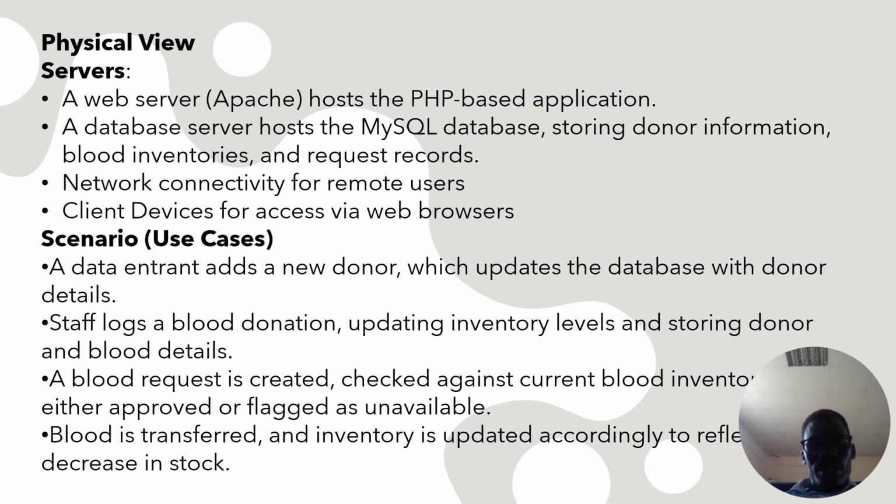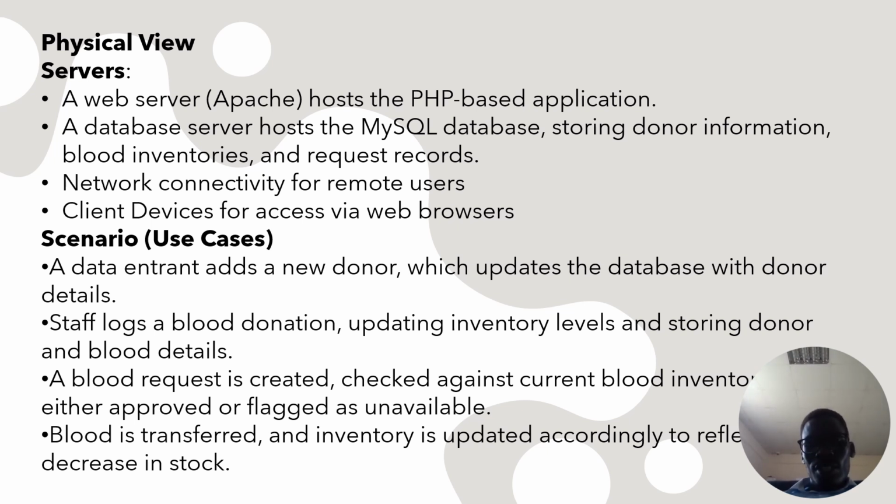Then we have scenarios, like the use cases. Number one, the data entrant adds a new donor, which updates the database with donor details. Number two, a staff member logs a blood donation, which will update the inventory levels and store the donor and blood details. And number three, a blood request is created and checked against current blood inventory.